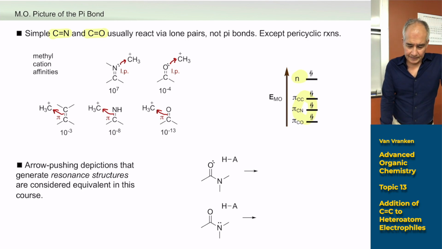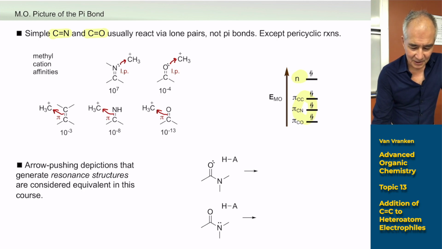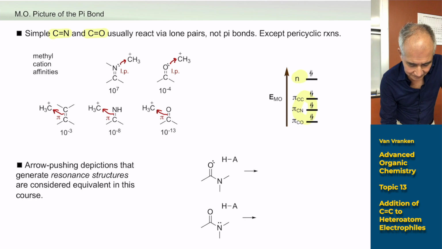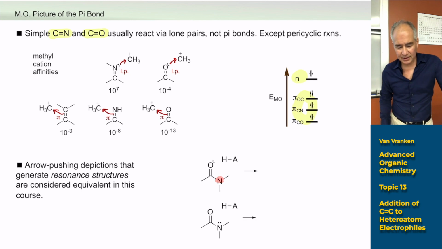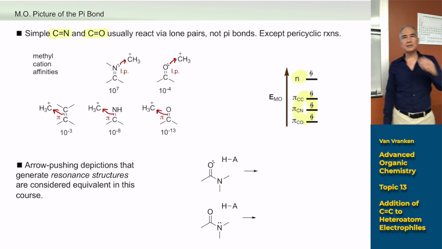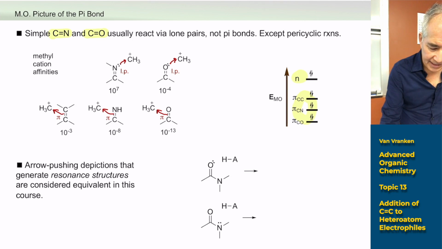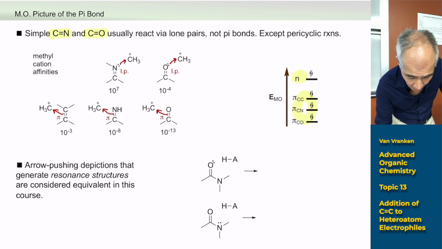Okay, but let me throw a caveat in there, and this is a huge caveat. Quite often, we have donor groups right next door, like the nitrogen of an amide or the oxygen of an ester. And here we have a choice for how to depict this. So if I have an amide and I want to draw out acid-catalyzed hydrolysis, my step one is going to be, no way I'm getting a water molecule to attack that carbonyl unless I protonate that first.